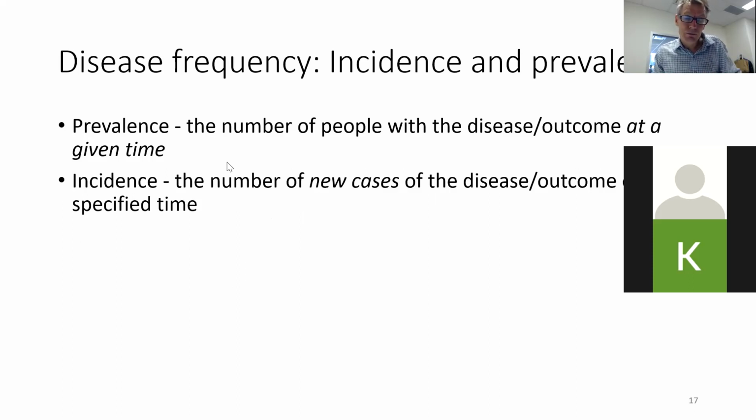I'll give some examples and it's easy to understand, but the prevalence is the number of people with the disease or the outcome at a given time. If you do a cross-section, the prevalence of malnutrition in your ward is the number of children with malnutrition in your ward today divided by the number of children in your ward.